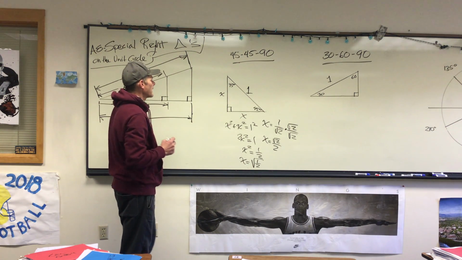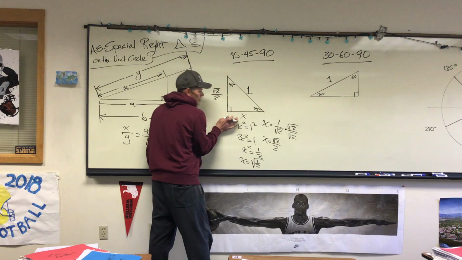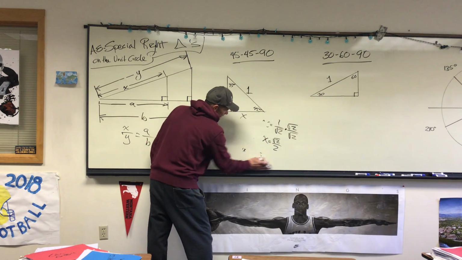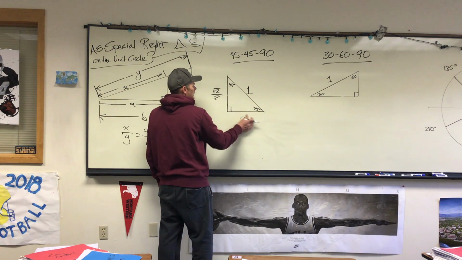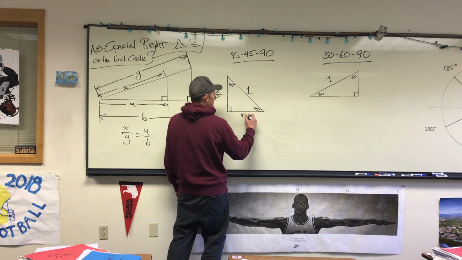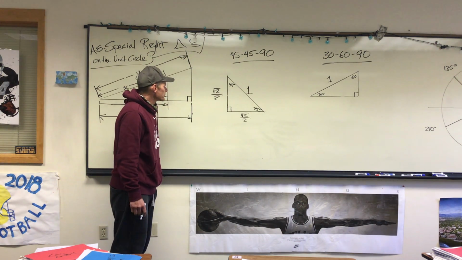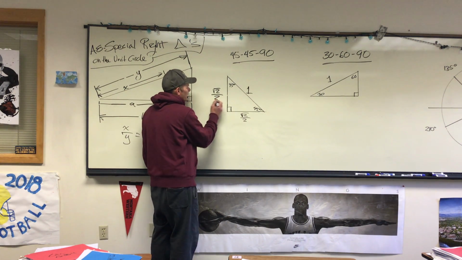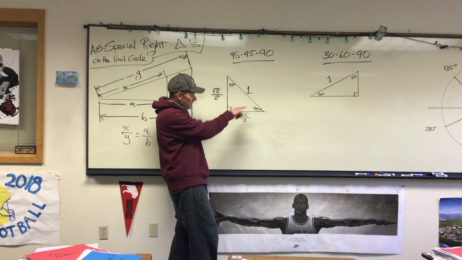So all that just to tell us that if we have an isosceles triangle with a hypotenuse of 1, then its sides will be square root of 2 over 2 units long. This is good because we are on the unit circle. So there is the 45, 45, 90.